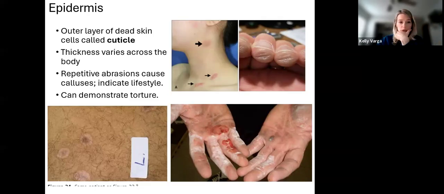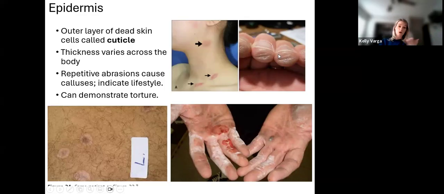So let's look at some of these pictures, right? If I'm looking at this individual, at first it may appear that we're looking at something nefarious. But if I have some musicians that are watching this, anybody who plays music with a stringed instrument would know what these marks are very, very quickly, right?